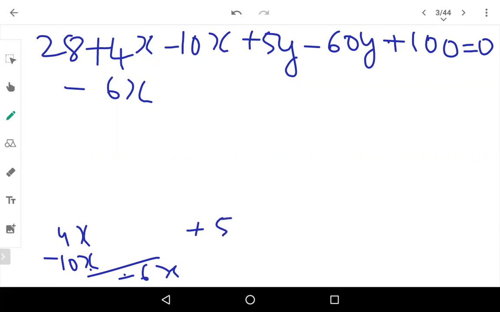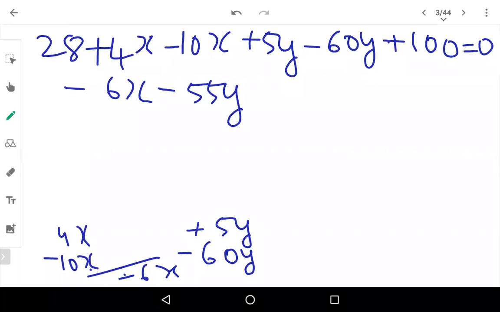Plus 5y minus 60y. How much do you get? 5 minus 60, you get minus 55. So minus 55y. Then you have 28 plus 100, which is nothing but plus 128.